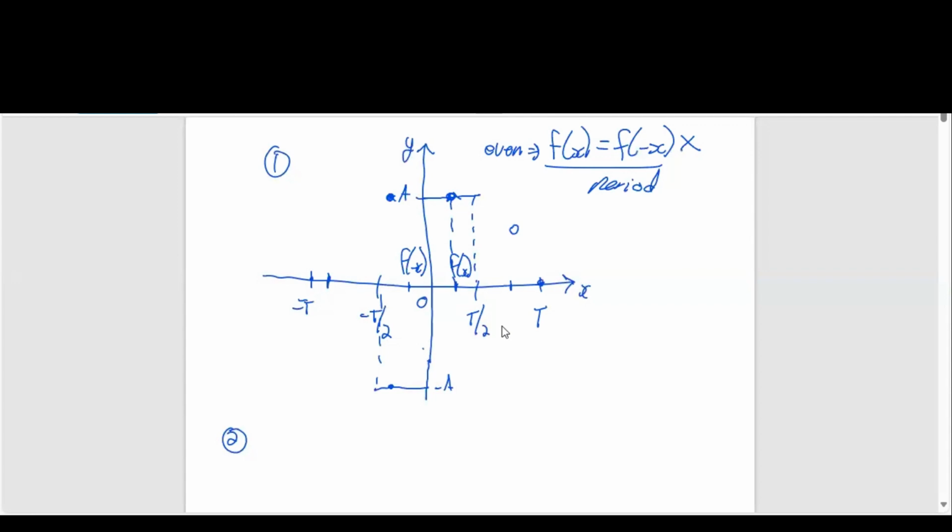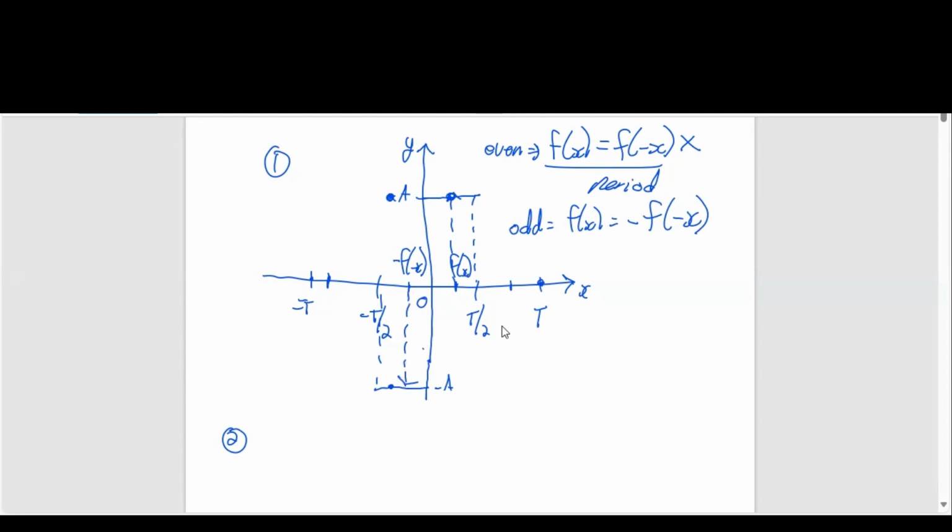So let's try to see if it's odd. For odd, f of x is equal to minus f of minus x over a period. We're using the same point here, up here. If we carry this across, you're clearly seeing that it's actually minus f of minus x. We're going down here, which is the negative of this.